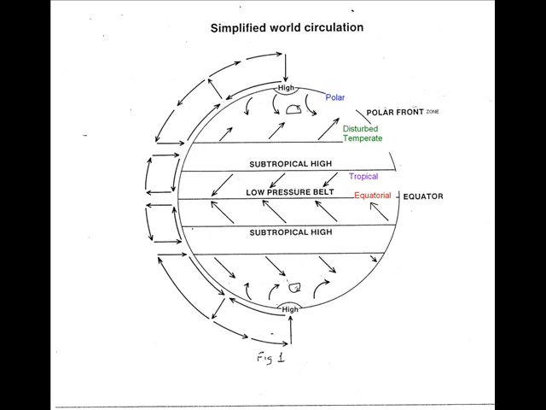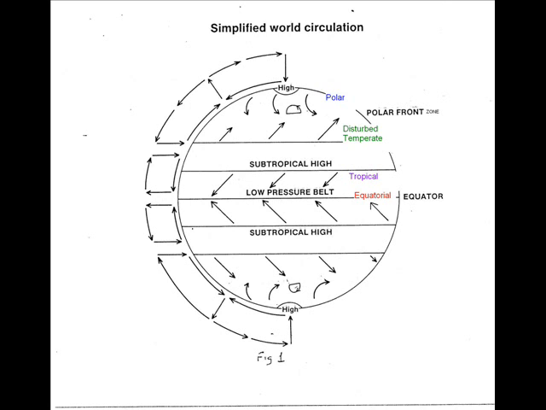Here the weather is characterised by warm to hot and fairly dry summers, other than differences caused by mountains and the effects of the sea, whilst the winters tend to be cool and unsettled, as the subtropical jet stream, more about that in another talk, is overhead at times. Sometimes even the polar jet extends into the far north of that area.